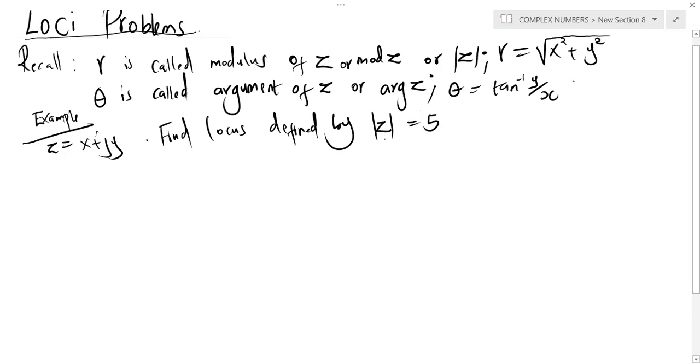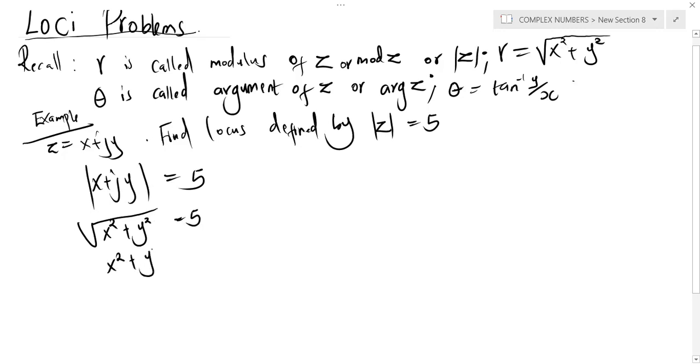Now we know the value of z. z is x plus jy. So the modulus of x plus jy, this is how we evaluate modulus, is equal to 5. This translates to the square root of x squared plus y squared is equal to 5. So squaring both sides, we have x squared plus y squared is equal to 25.